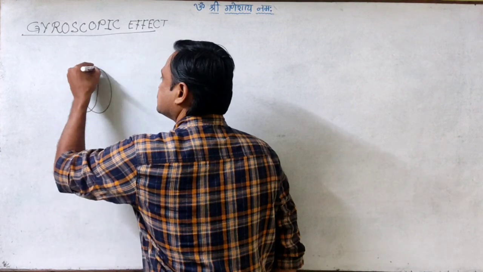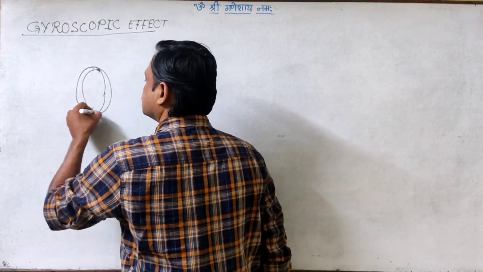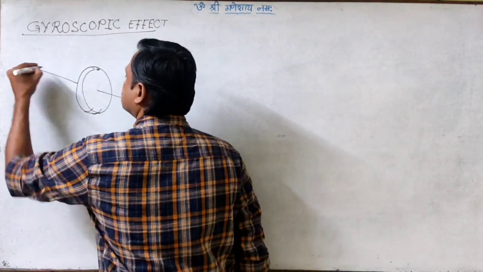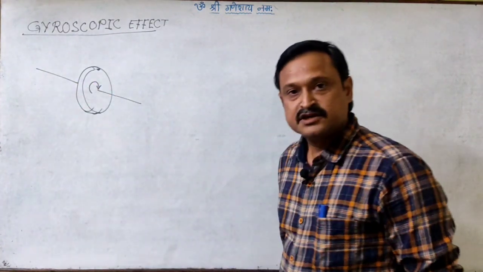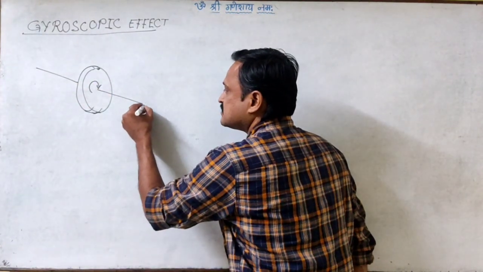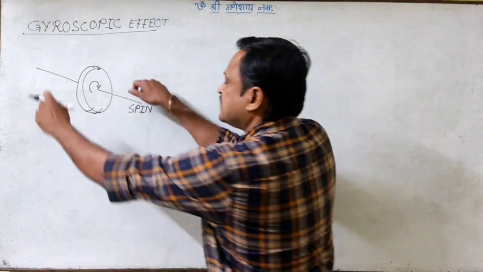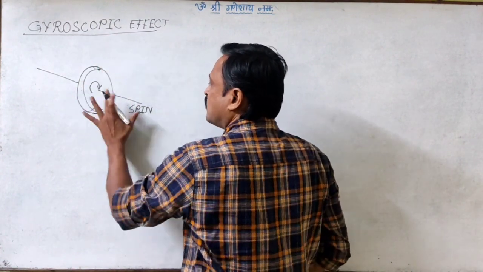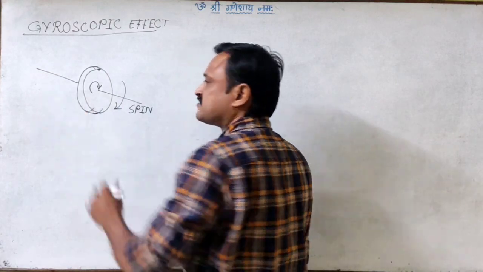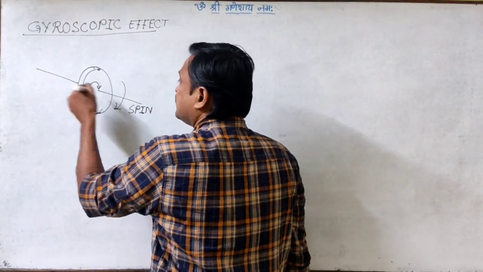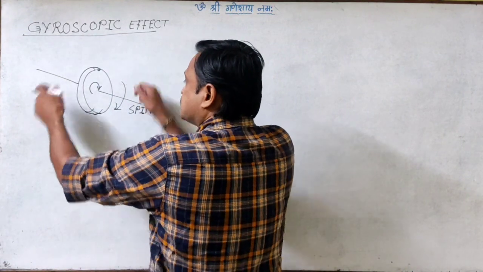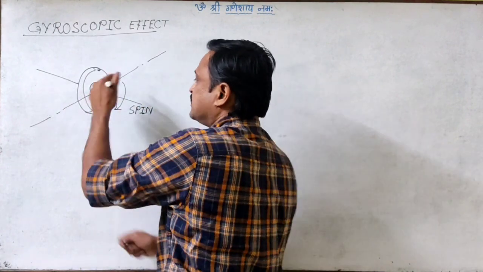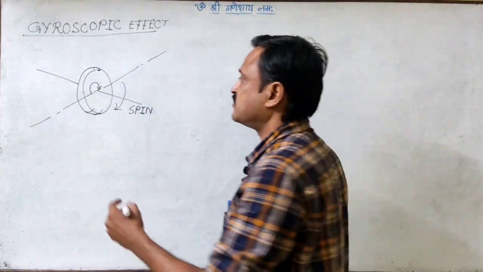So say there is this disc which is rotating about this axis. We call this axis the spin axis, and say a moment is getting applied on this axis such that now on this plane it tries to rotate in this fashion. That means the axis of spin has a tendency to turn about this z axis, which is perpendicular to the board.